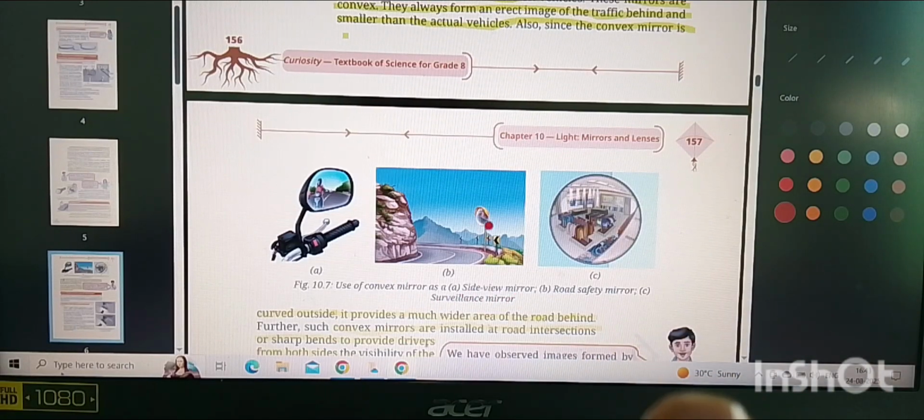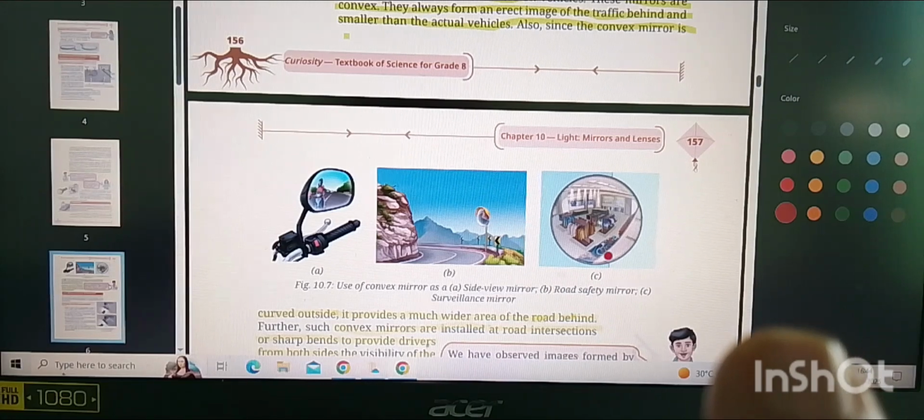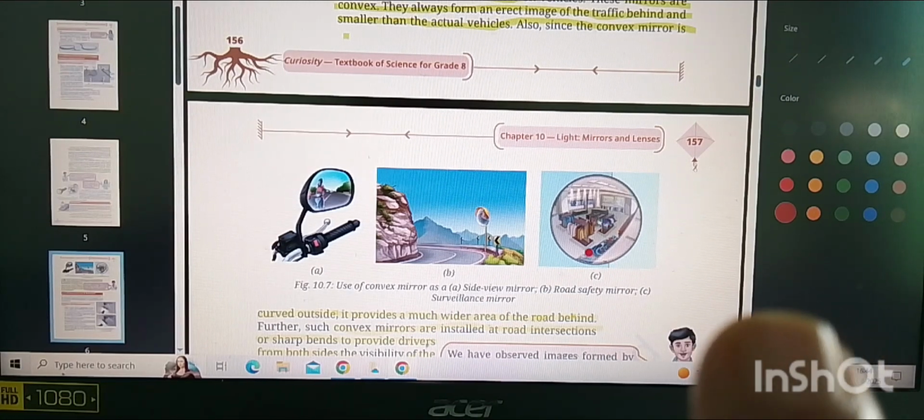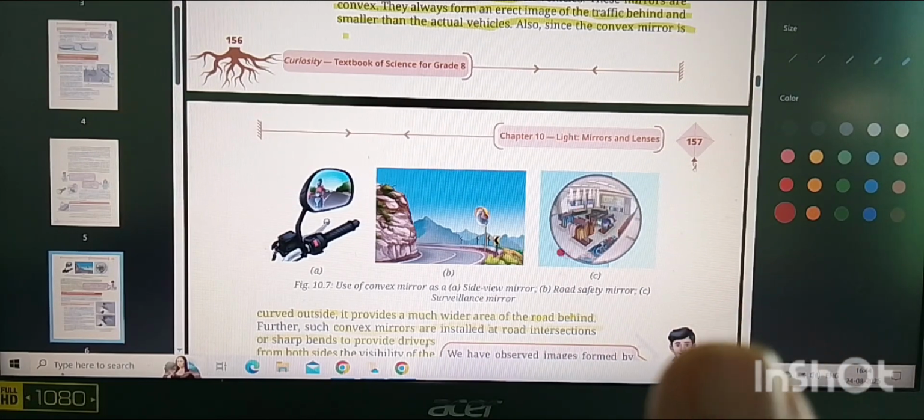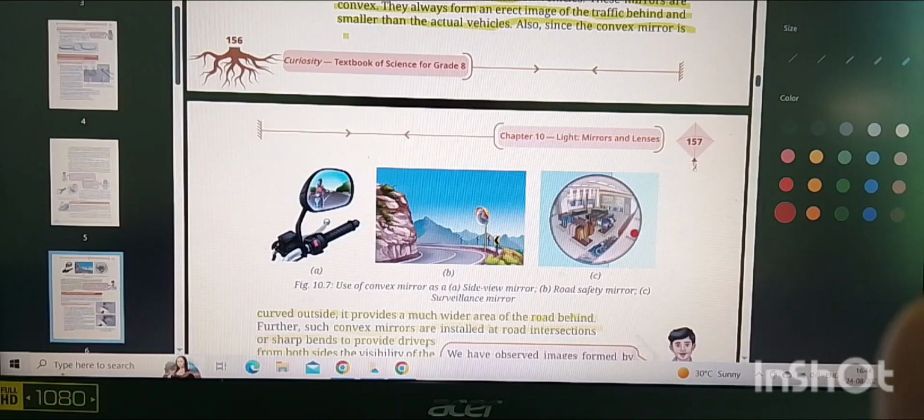Also, in the case of a road safety mirror, we get a wide view. Also, a surveillance mirror placed at the corner of a shop makes it easy to monitor in case of any theft, because it covers a wide area.